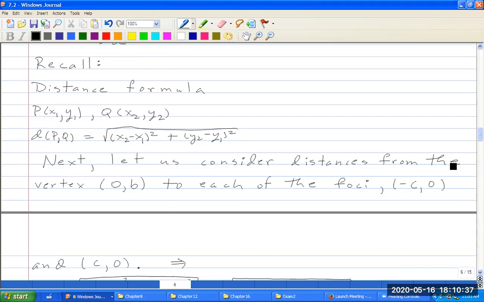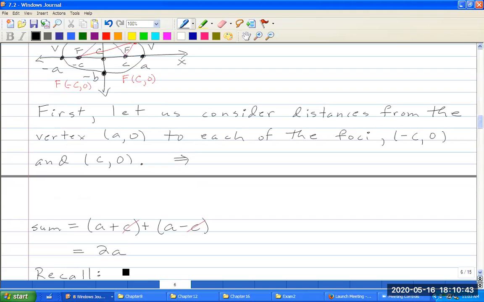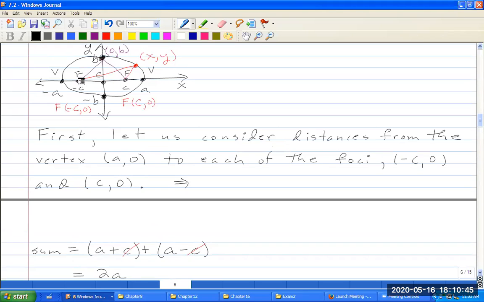So let's consider the distance from this vertex on top to each of the foci. From here to here, it's going to be the square root of (0 plus c) squared plus (b minus 0) squared, so the square root of b squared plus c squared.